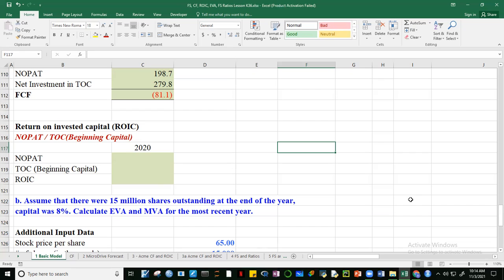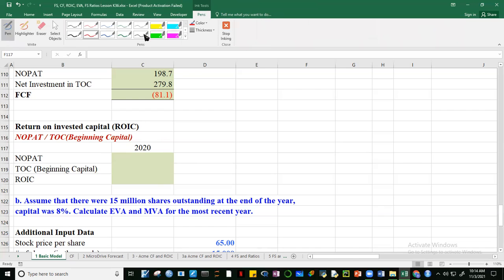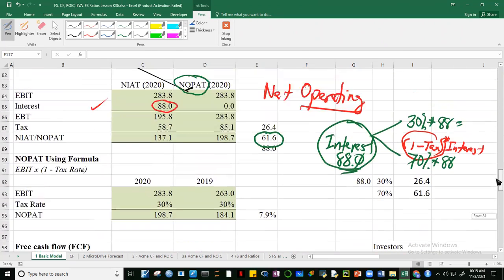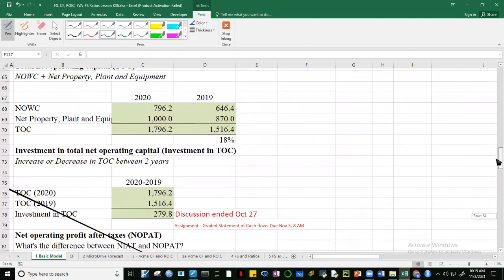Let me explain the formula. Let's start with January 1, 2020. At the beginning of the year, how much was total operating capital given to the company? We have that, guys, here online.